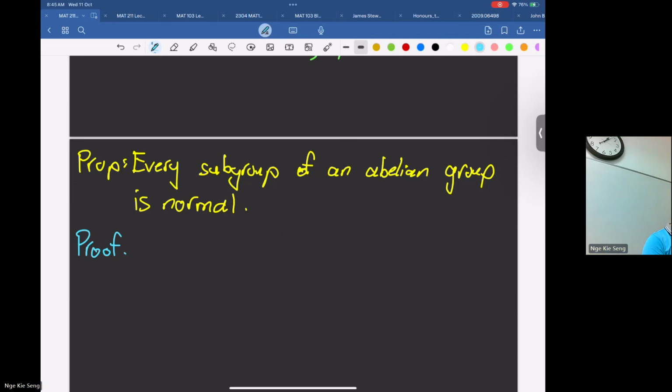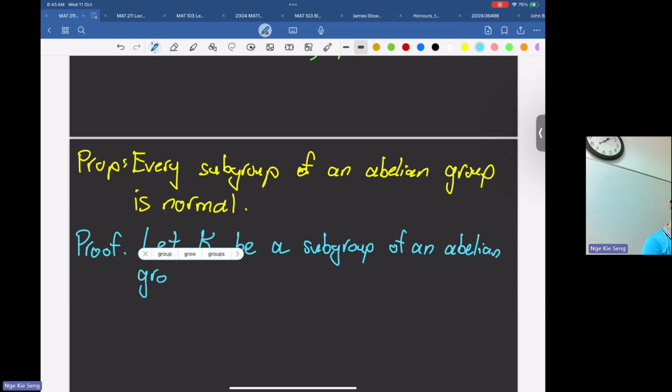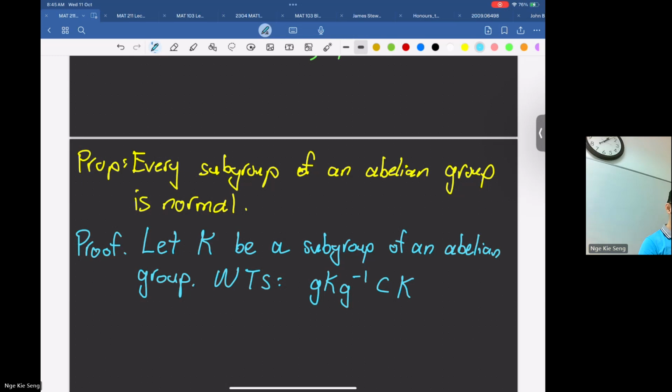Let K be a subgroup of an abelian group. What do we want to show? We want to show that g k g inverse is in K for all g in G. You might be wondering where the G is.